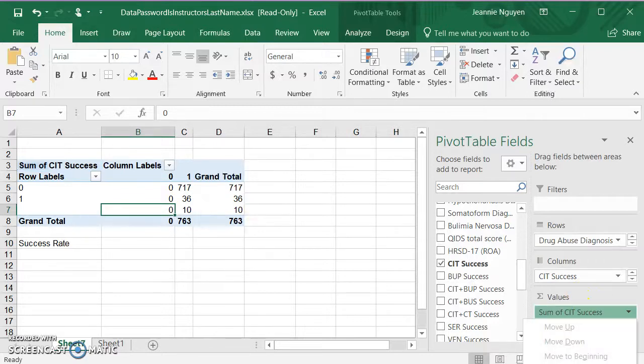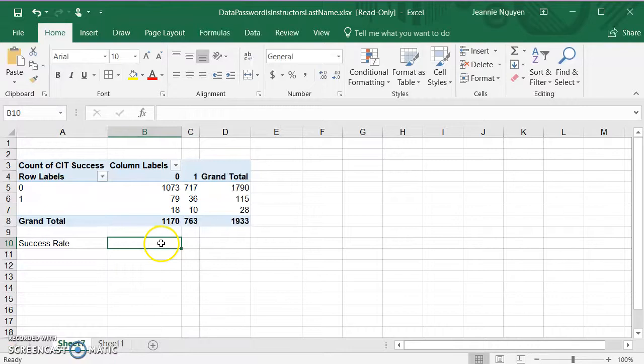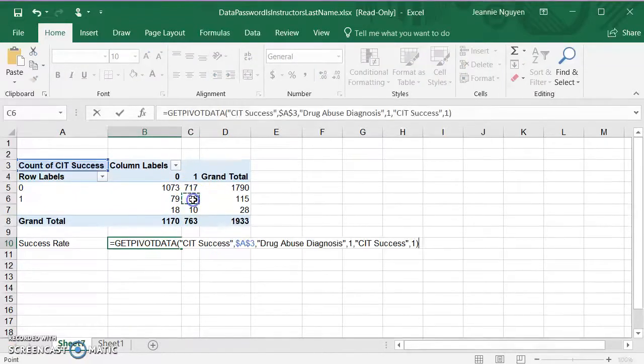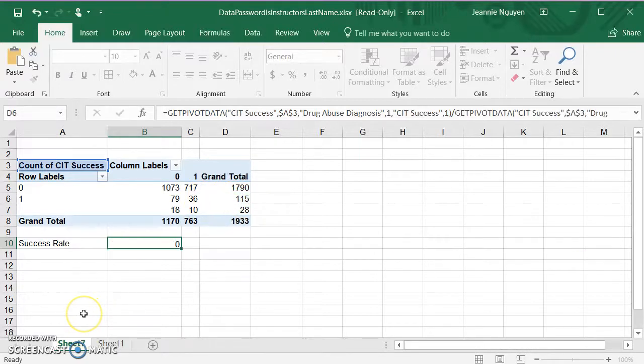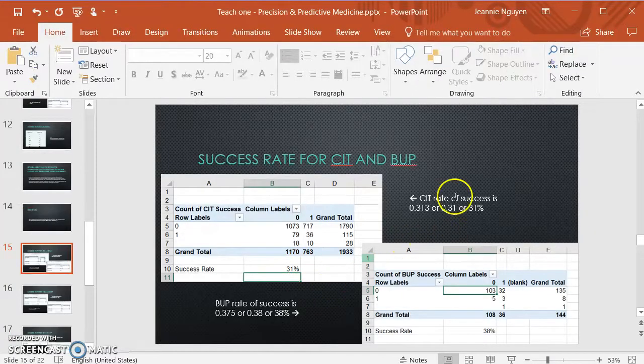And we're going to change the sum to count. And for the success rate, you want to take the success of the medication and the patients who were diagnosed and divide it by the total. So you'll get 0.31 or 31%.